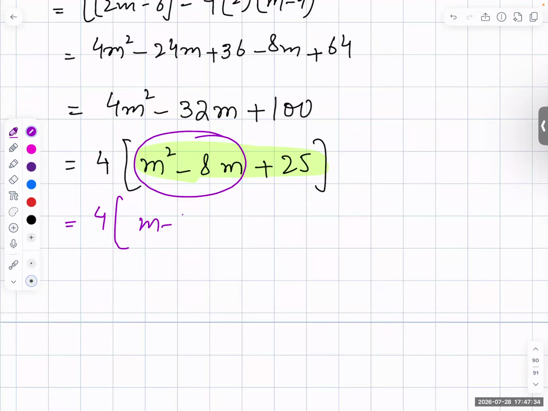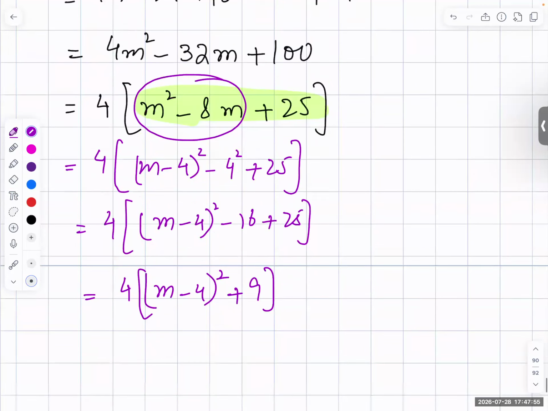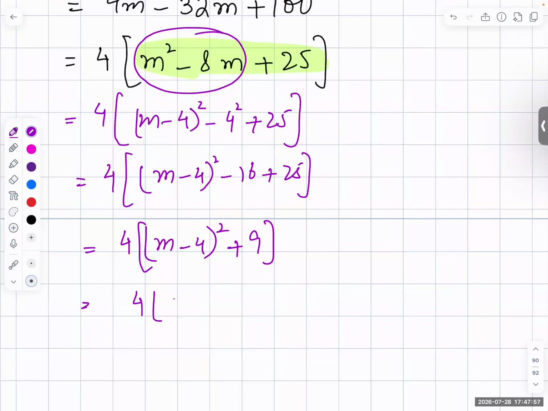That would be m minus 4 whole square minus 4 square plus 25, right? That would be 4 into m minus 4 square minus 16 plus 25. That would be 4 into m minus 4 whole square plus 9. And if you multiply 4 inside the bracket, that would be 4 into m minus 4 whole square plus 36.